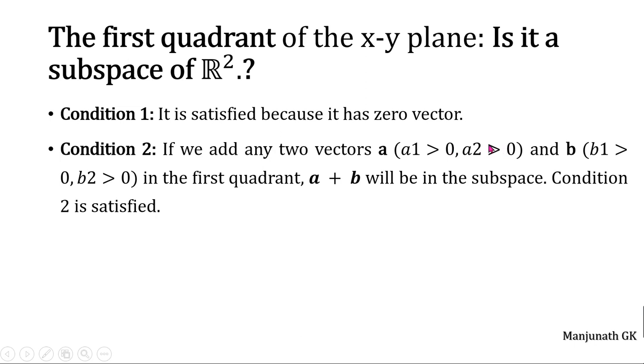They are greater than 0 because the first quadrant is considered here, and the same for B. If these two vectors are added, they do fall in the first quadrant only. So that condition is also satisfied.